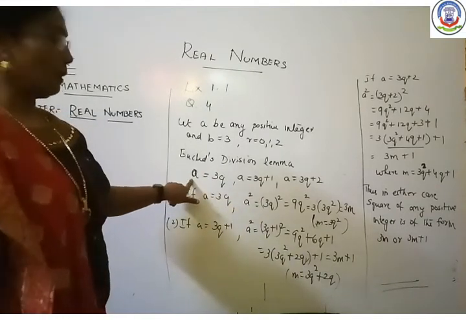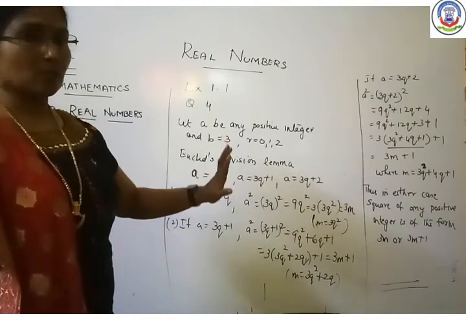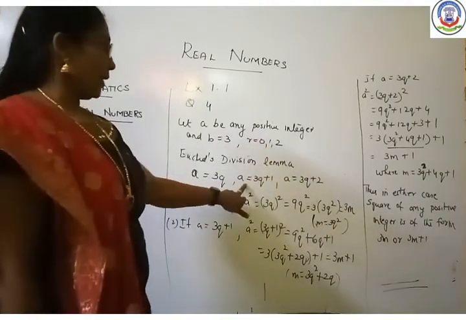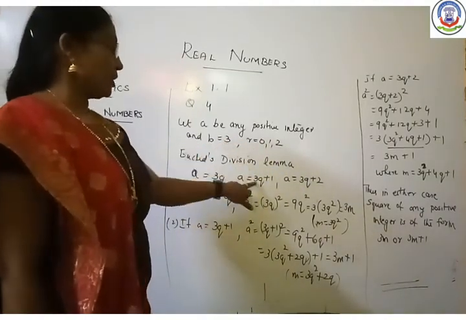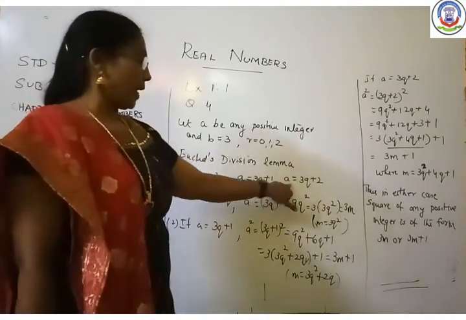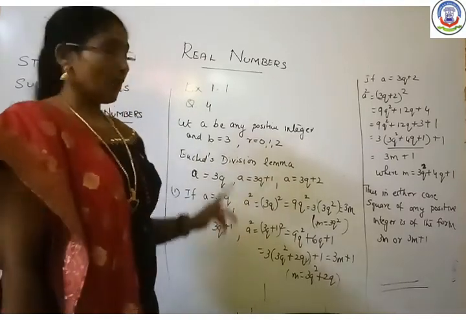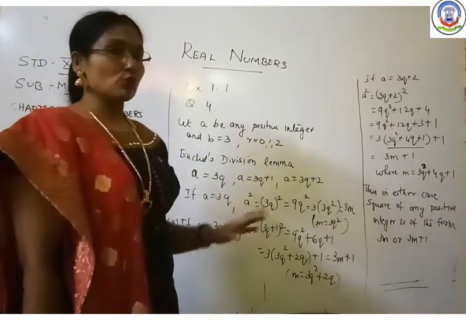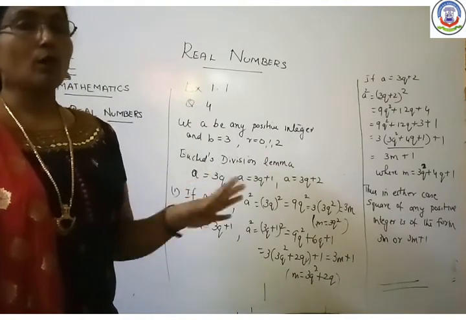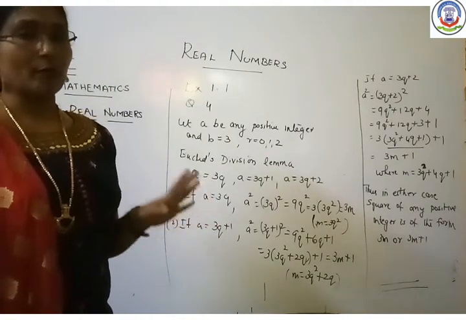The first case will be a is equal to 3q plus 0, because b is here 3, r is equal to 0. Second case, a is equal to bq, that means 3q plus remainder 1. Third case, a is equal to 3q plus 2. And in these three cases, you have to show that the square will be in the form of 3m or 3m plus 1. That is what we want to show.